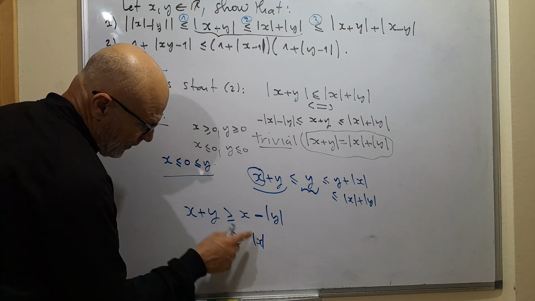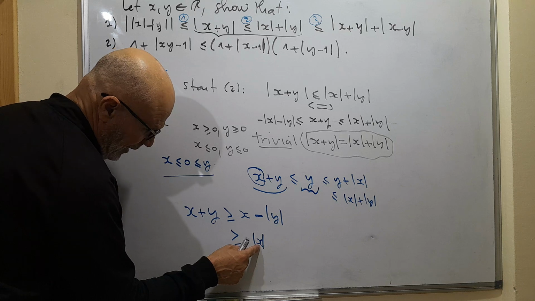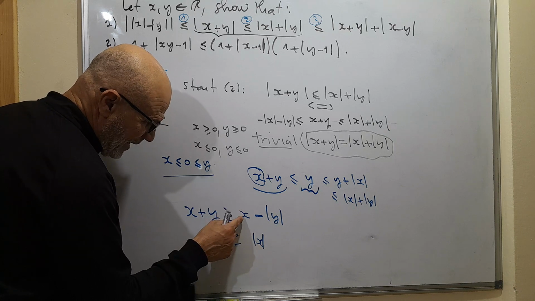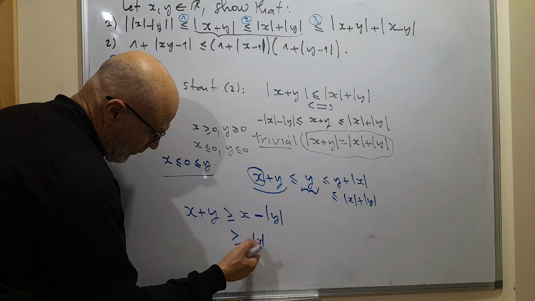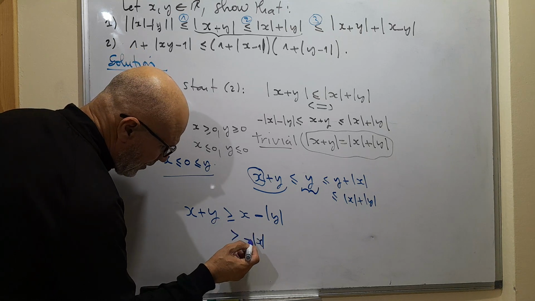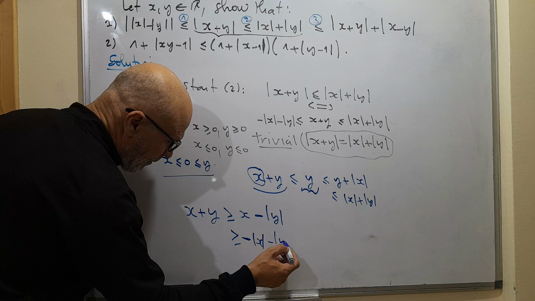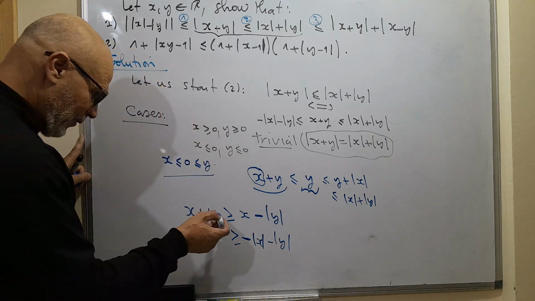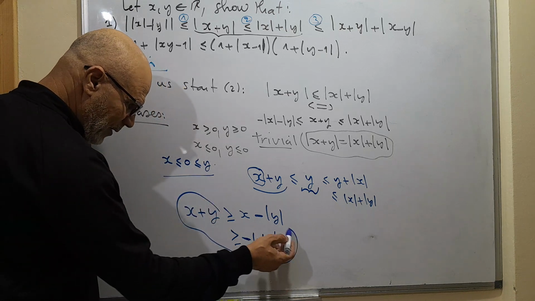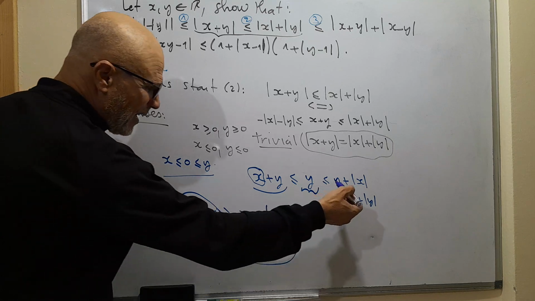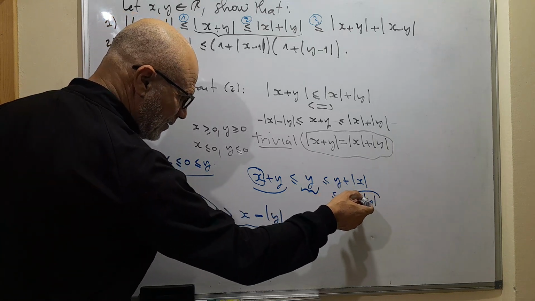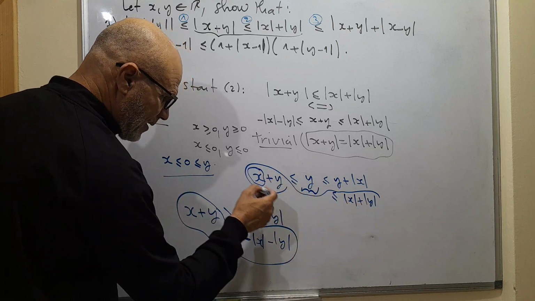Since x is negative, we get minus x. To avoid minus x, we can take minus here and minus y. So from this side we have this, and from this side we have this.